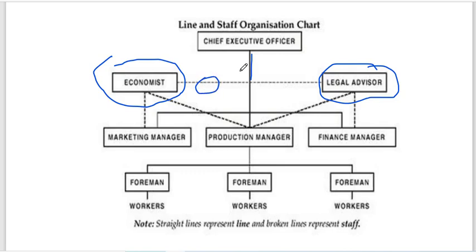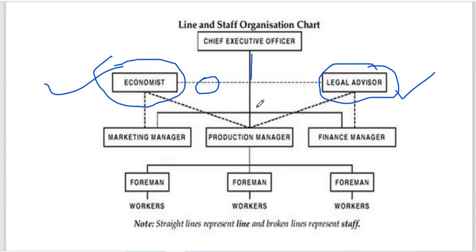Staff means a particular expert for a department. So the financial manager gets direct advice from the legal advisor, who is an expert in that department. Here the economist is also an expert in economics, so they give direction or guidance to the marketing manager. This dotted line is our staff, the expert persons, but the black line is our line organization.